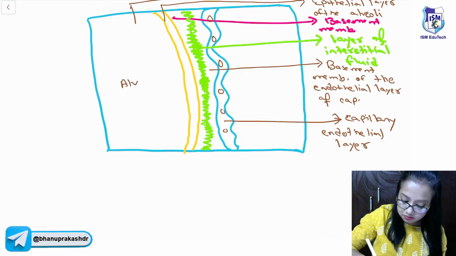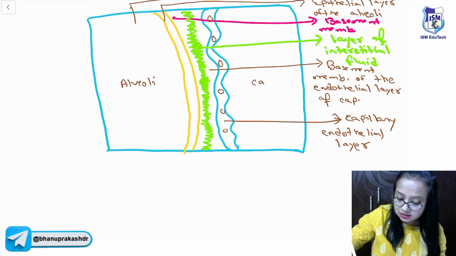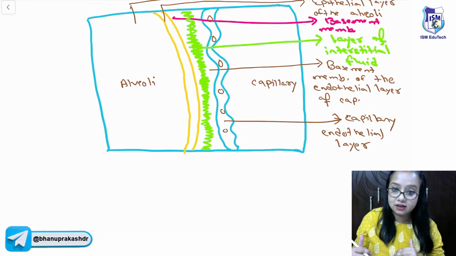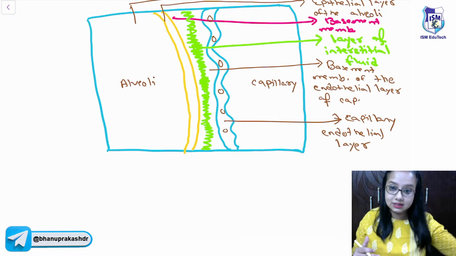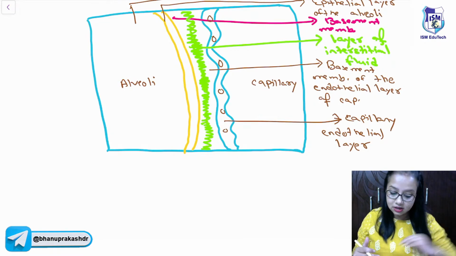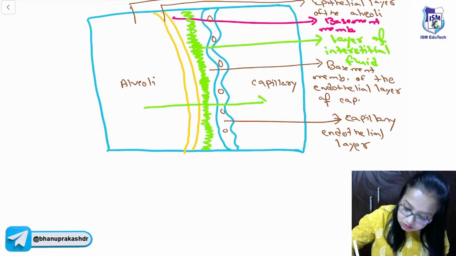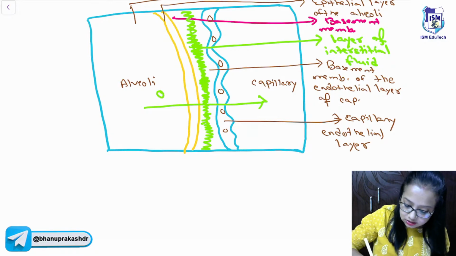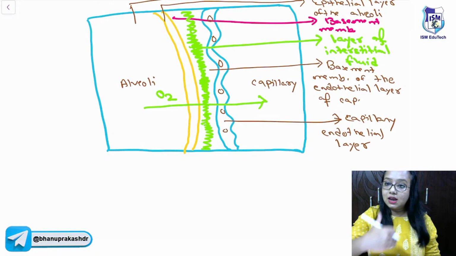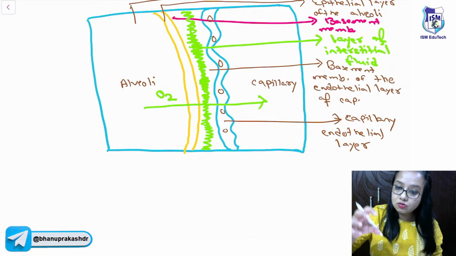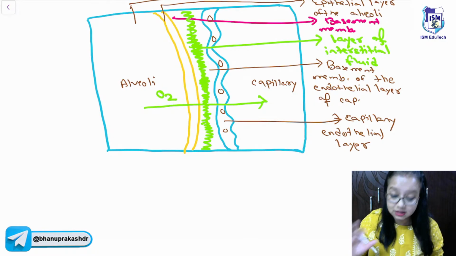This is the alveoli side and this is the capillary side. When we are breathing in air from the atmosphere, atmospheric air has a higher oxygen concentration. So there is direct diffusion of oxygen from the alveolar layer across to the capillary, because it is in the capillary that the oxygen will bind in the blood and then go into the systemic circulation via the heart, as we have studied in the cardiac cycle.